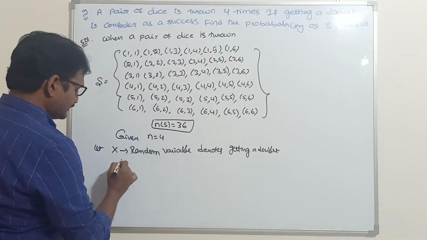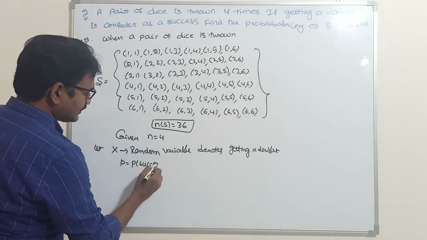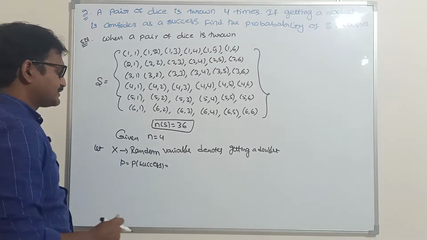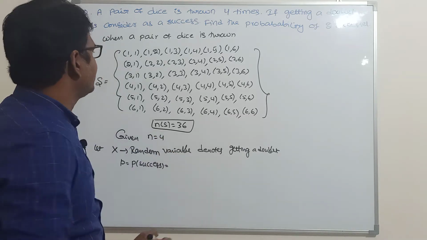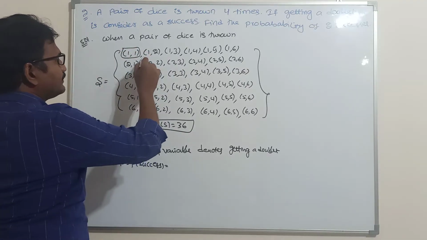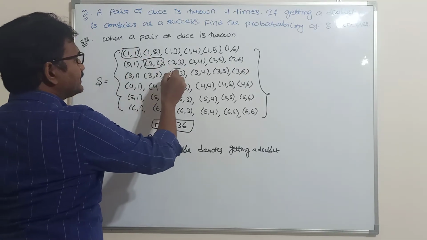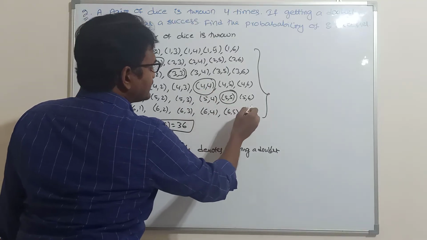Next, first we need to take p, the probability of success. Probability of success means getting a doublet. 1 1 is a doublet, 2 2 is a doublet, 3 3, 4 4, 5 5, 6 6.